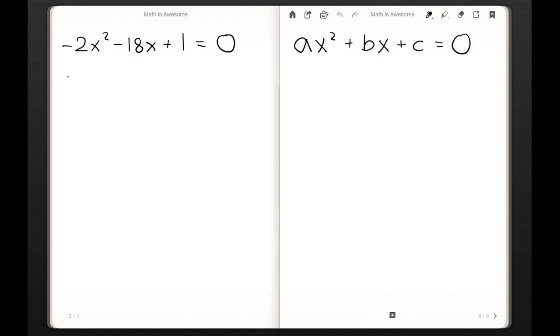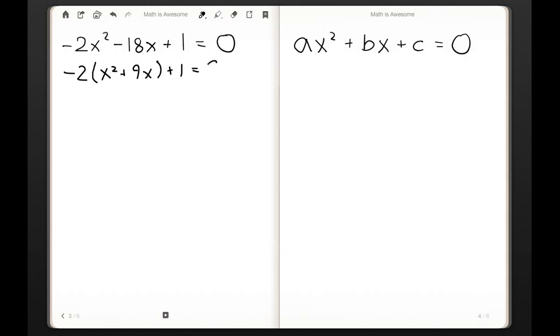The first thing we do is factor out a negative 2 from the x squared and x terms. So we factored out negative 2, the coefficient of x squared. So here the coefficient of x squared is a. So we're going to factor out a from the x squared and x terms. Now how do we factor out a from bx, since there is no a here?